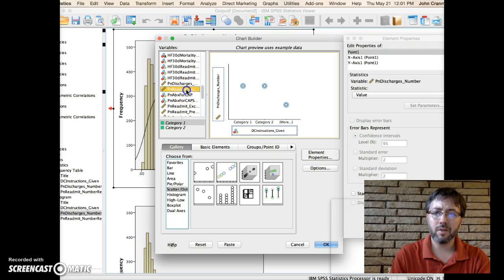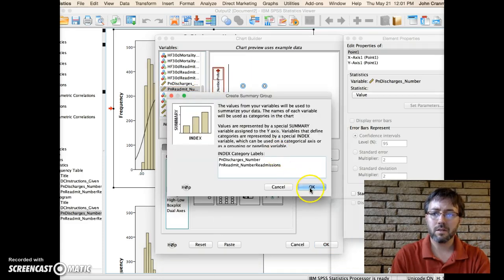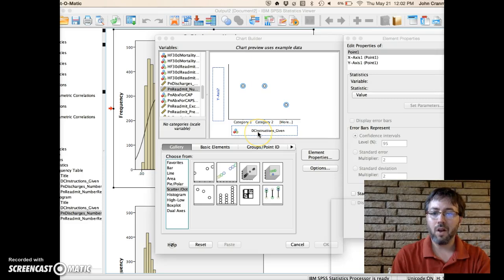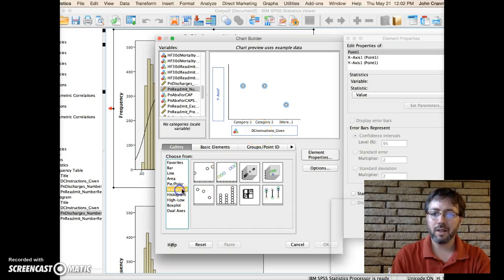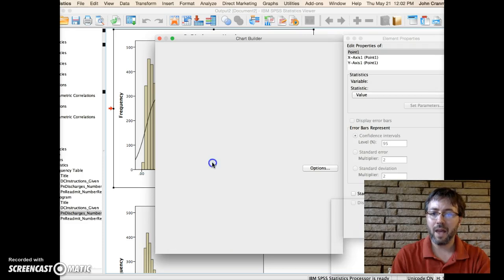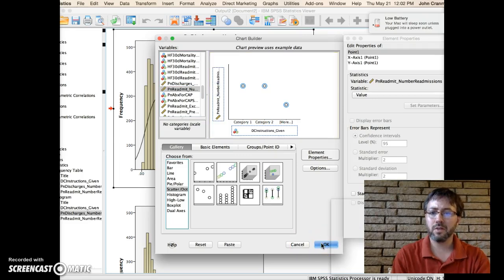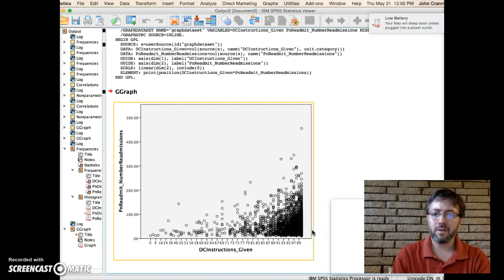We'll drag that over to the y-axis. Now we're going to be sure that we select the scatter plot from the gallery. We'll drag that up and click OK. Let's generate that graph and see how those two variables are related to each other.